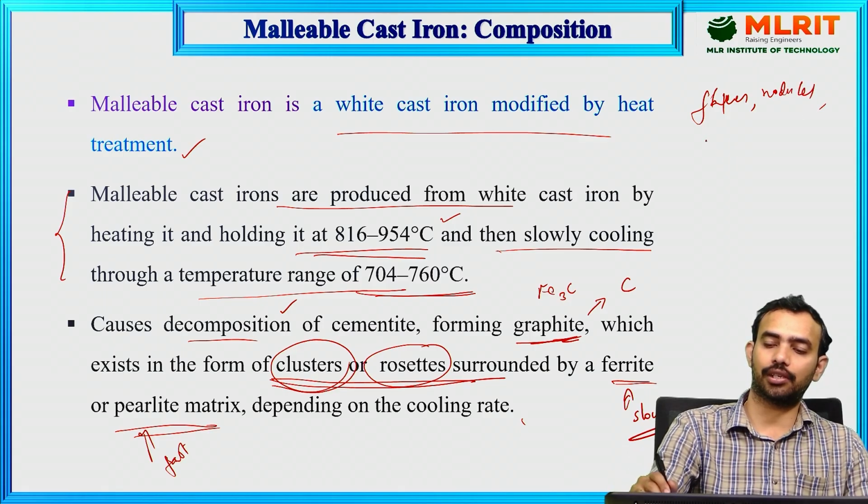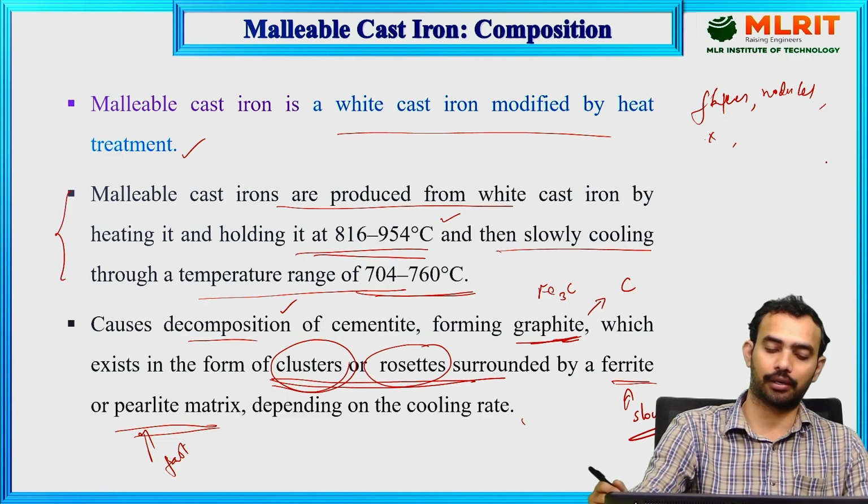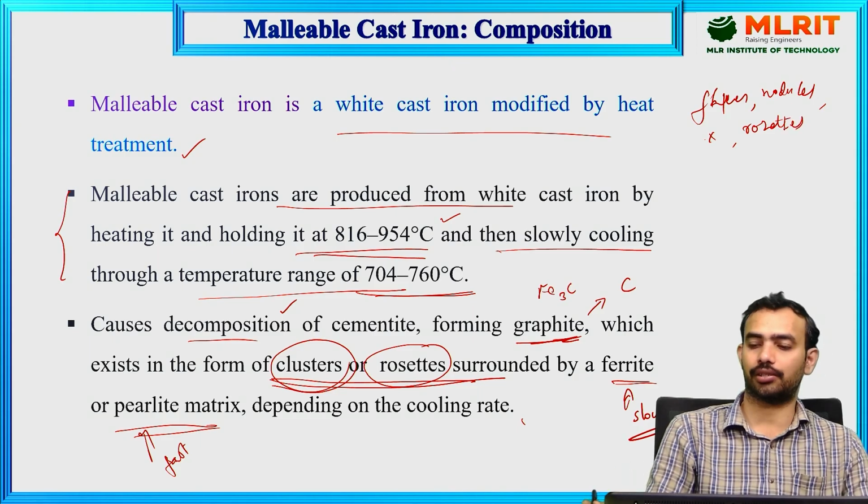In white cast iron there is no presence of graphite, and again in malleable cast iron we are bringing back the graphite in the form of rosettes or clusters.